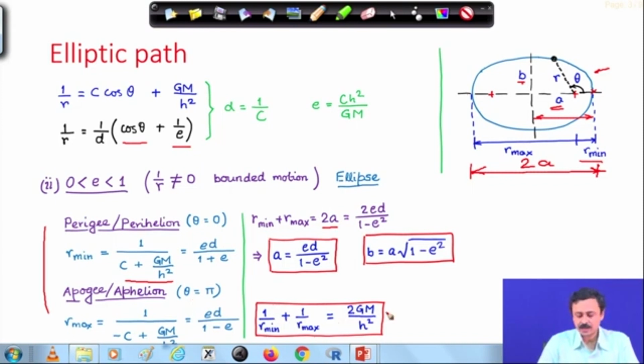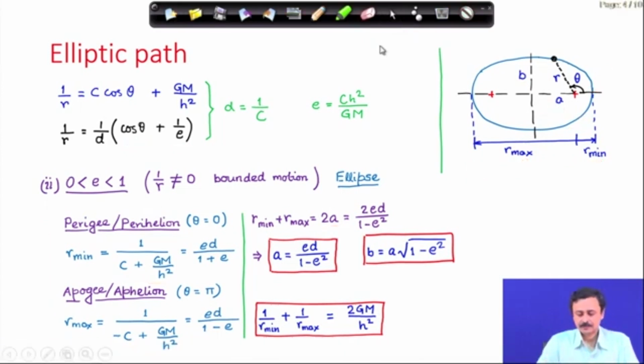So 1 by R min plus 1 by R max is 2 times GM by h square, and therefore I can also write R min as A into 1 minus E and R max as A into 1 plus E. These follow from all the steps that we have done.